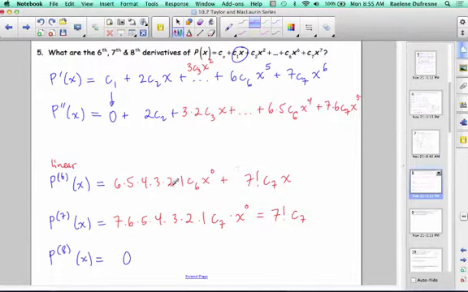And so we see that we're getting 6 factorial c6 plus 7 factorial c7 x for the 6th derivative of p. That's a bit crowded. Let me rewrite it a little bit more neatly. Okay, we're going to need this later on when we generalize the result.